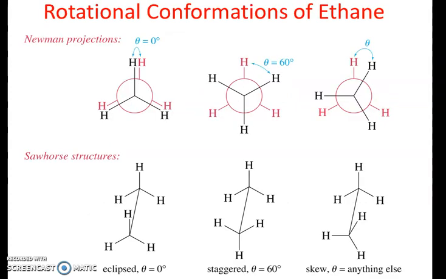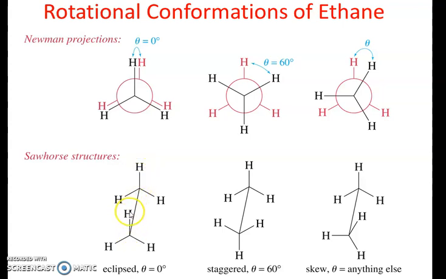Now we discuss the rotational conformers of ethane. So listen, this was your Newman projection. This is the Newman projection, and this is the eclipsed form. Why is it the eclipsed form? Here it is clear. This was the Sawhorse projection. So this is the front carbon, and this is the back carbon.